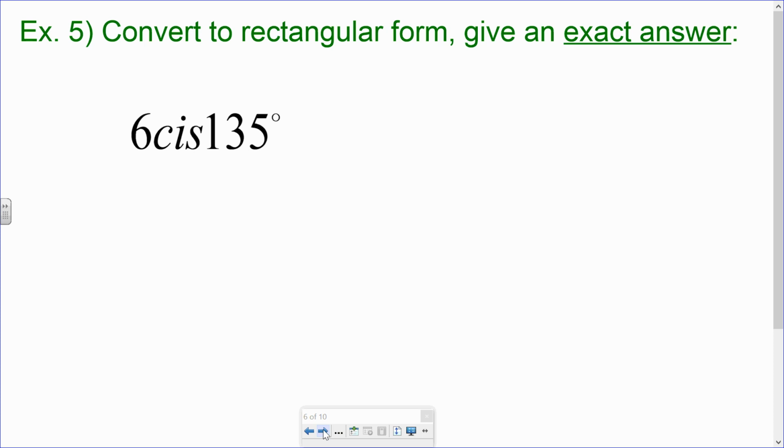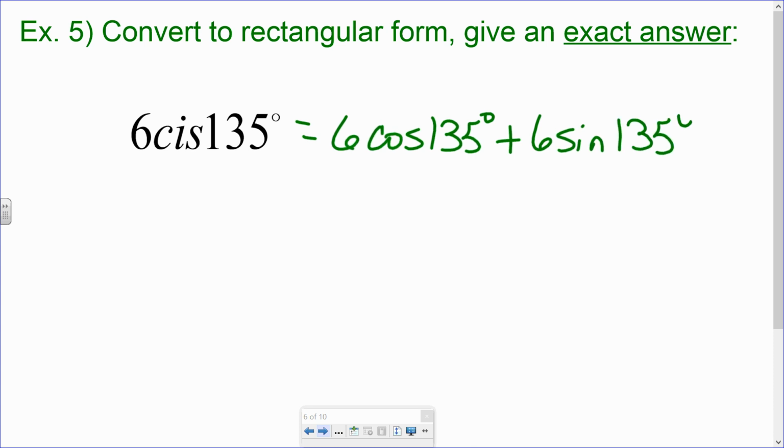But now I want an exact answer, so no calculators. So the easiest way to do this is, what does cis mean? Cosine plus i times the sine. Let's expand it out. So 6 cosine 135 degrees plus 6 sine 135 degrees, just like it is. We don't have to worry about coming up with an acute value or anything for that.